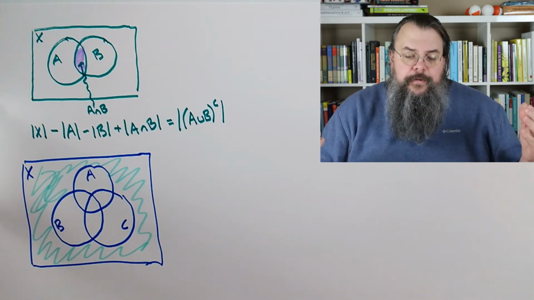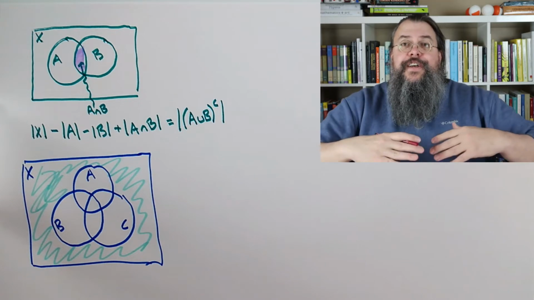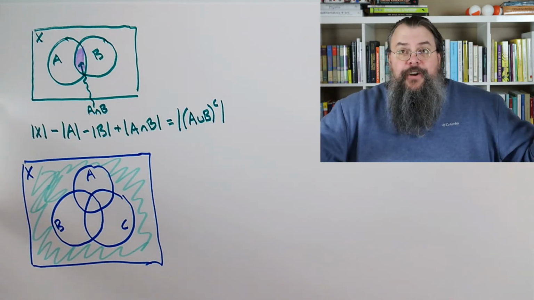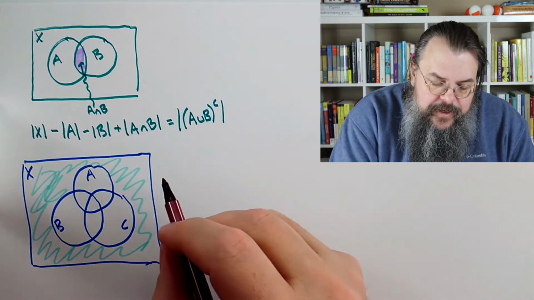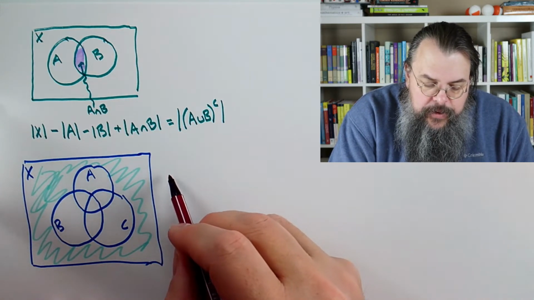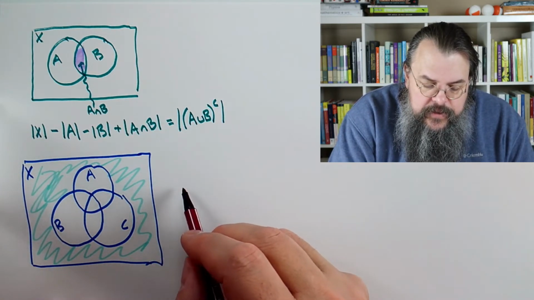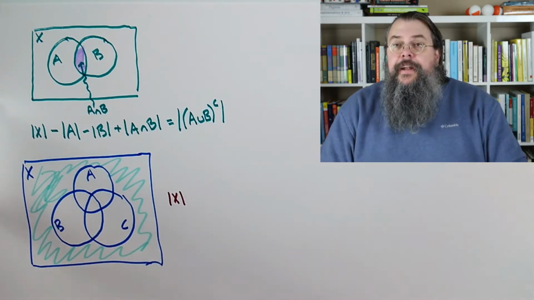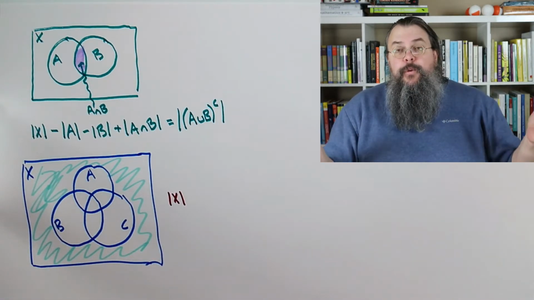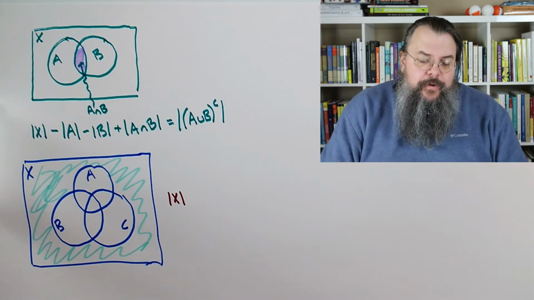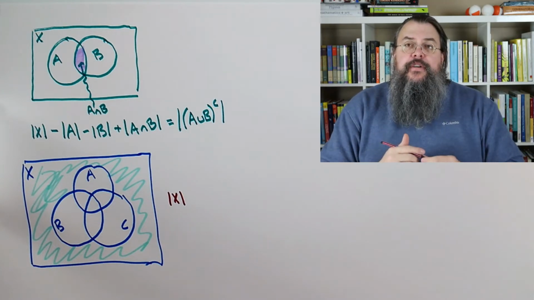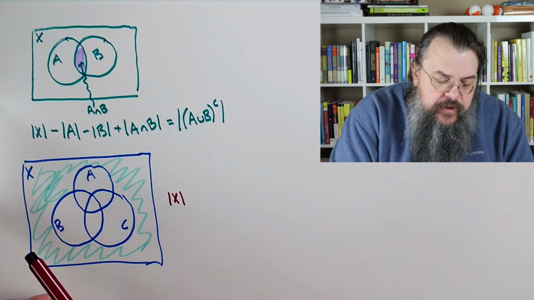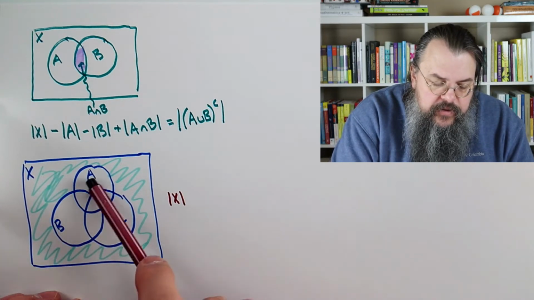So where can we start? Well, let's just take everything. Okay, great. And so if we take everything, we would have just the size of X. Now that's obviously wrong. Why is it wrong? Well, let's see how all the parts are being counted. We can think of these as being little individual pieces.